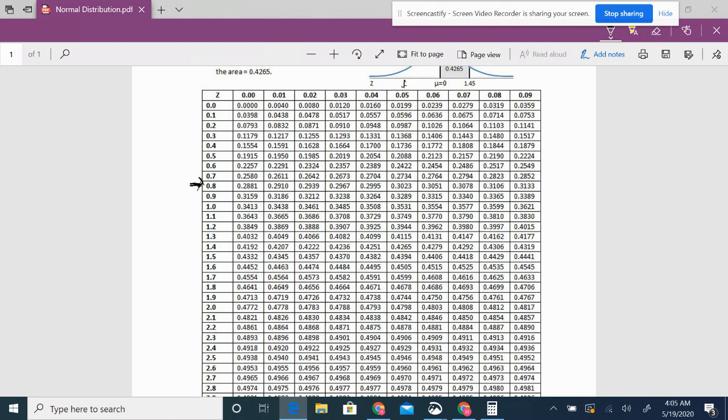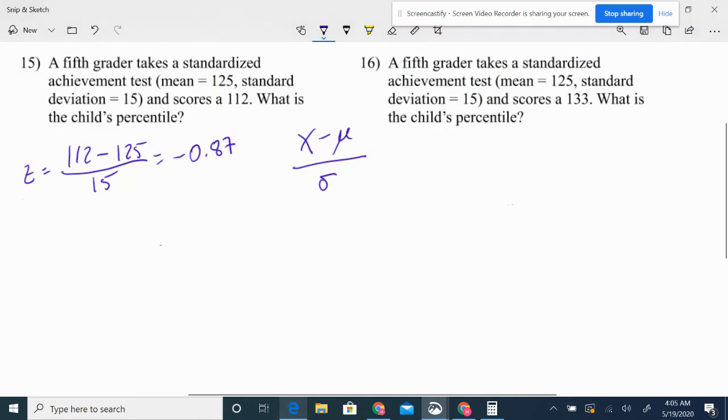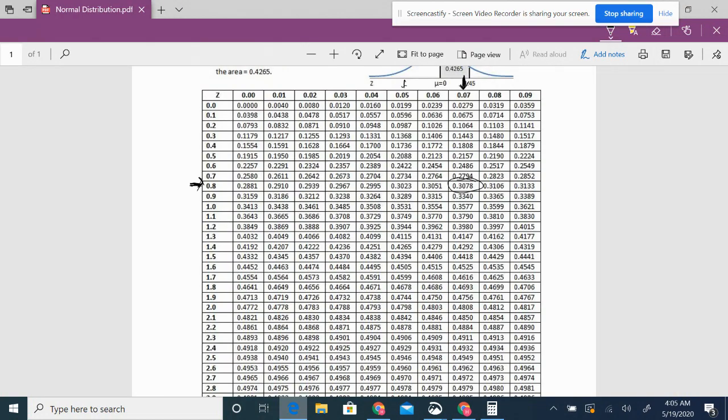So 0.8. My second decimal place, I see it up here. Here's my 7. So 0.87 is there. 0.87 is 0.3078. So let me remember that. 0.3078.